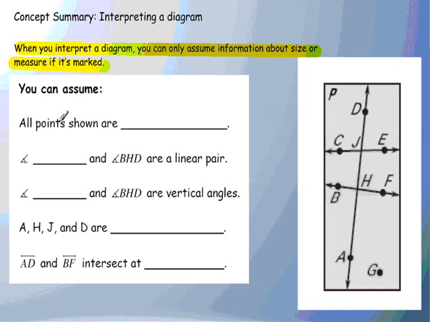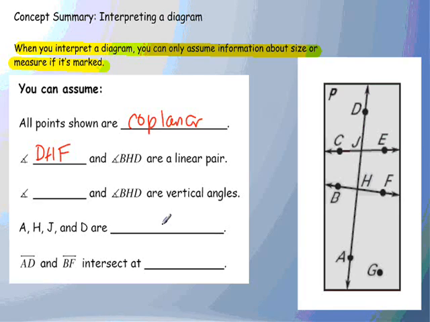All right, so we can assume that all points shown are coplanar. We're clearly shown plane P here. All of these points are in plane P. I'm not showing anything otherwise, so I can go with that. And then as far as linear pairs go, well, BHD and DHF, for example, those are definitely a linear pair.